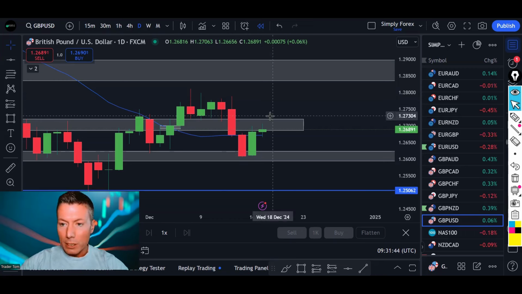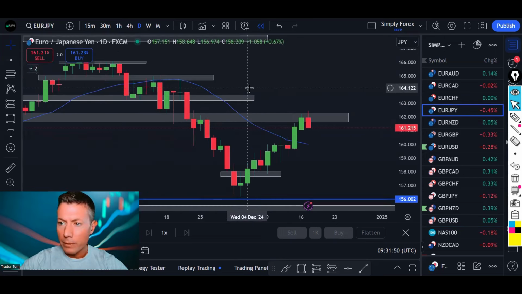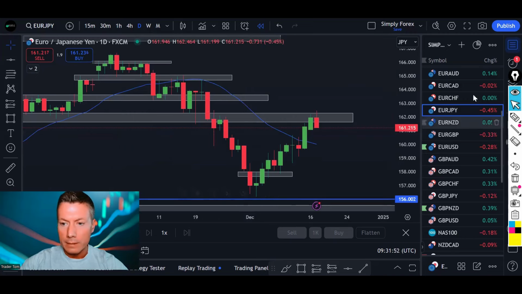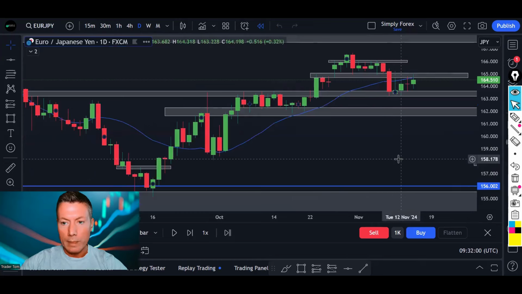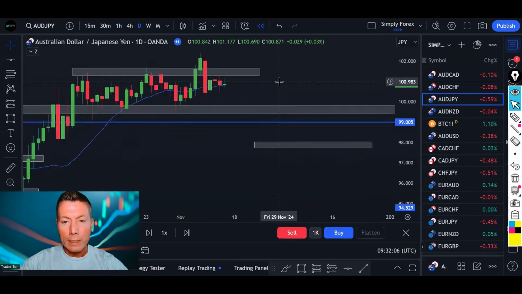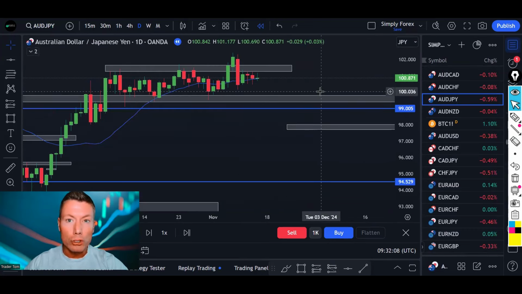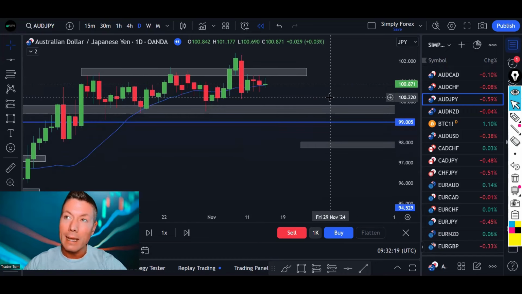Now, I'm going to go back in time to the 14th of November. So let me just find this day, guys. Okay. Now I'm going to go to Aussie dollar yen. You're going to get times where the yen contradicts itself, and this is how I would approach it. This is the day chart. We're only going to look at the day chart because that gives me the direction for the day.